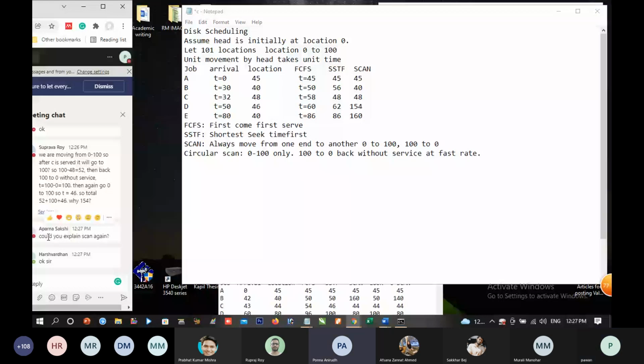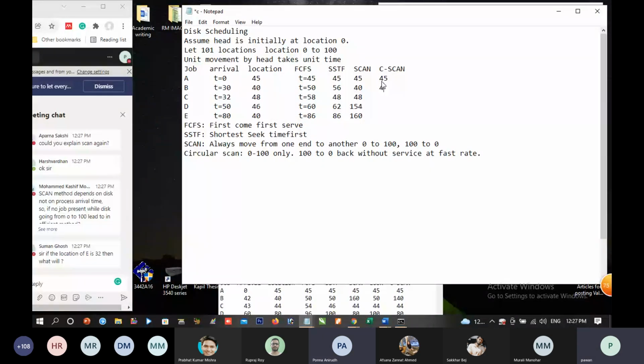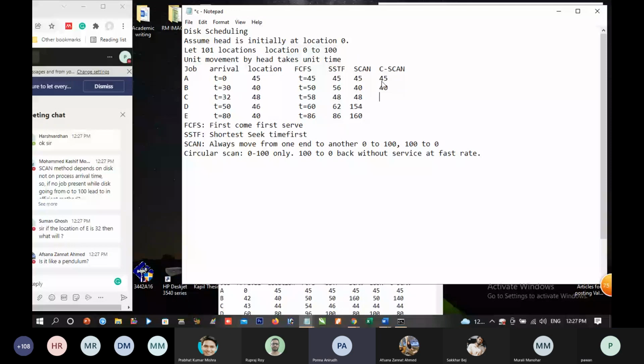No, this is circular scan. Circular scan is something different. In circular scan, this is 45. This is 40. This is 48. And this is 146.